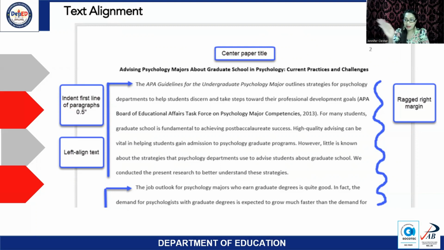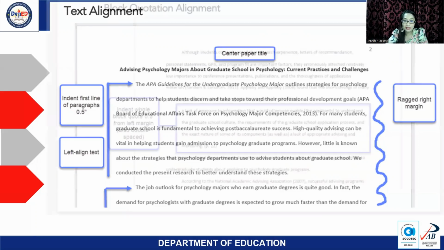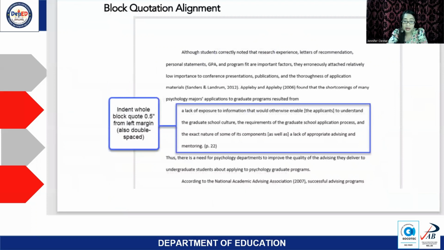It should be ragged right margin. And for direct quotation, the one I'm telling you a while ago, indent the block quote 0.5 from left margin, also double space if it's more than 40 words that you have to directly quote.